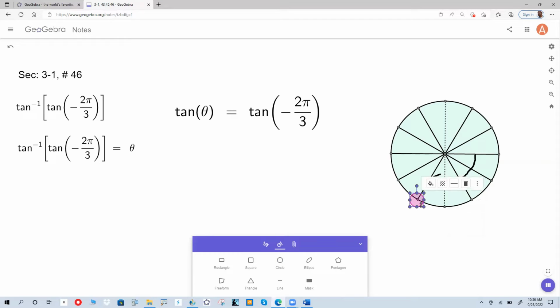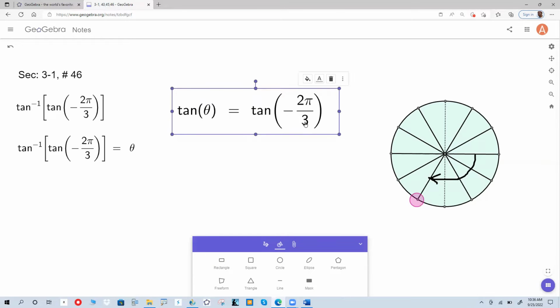Okay, this is the angle I'm at according to the question. However, this is not in the right half. I am asking myself, okay, for what angle theta in the right hand side would tan of that angle be equal to tan of negative 2 pi over 3.